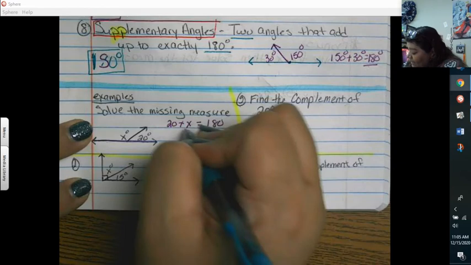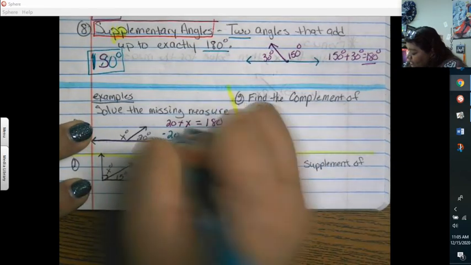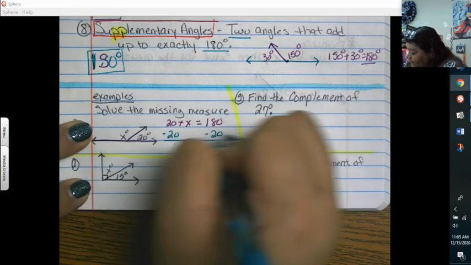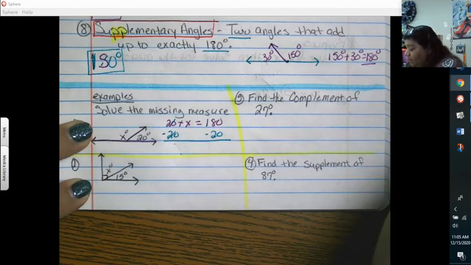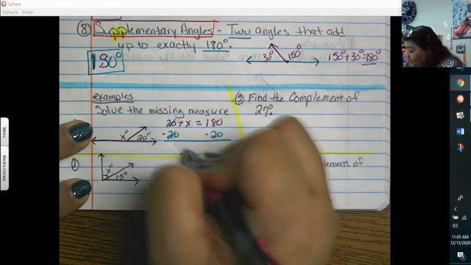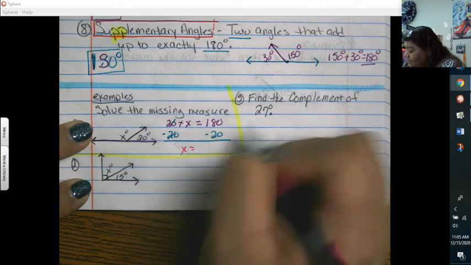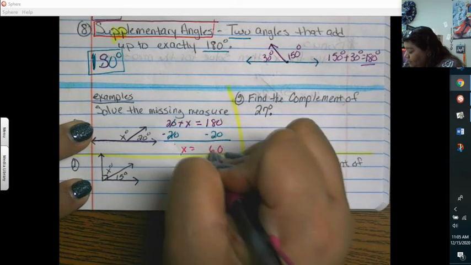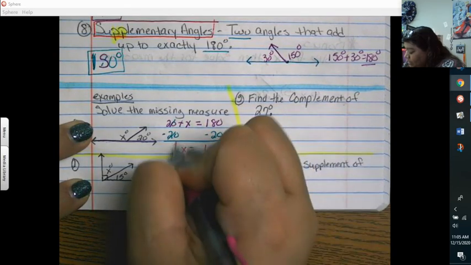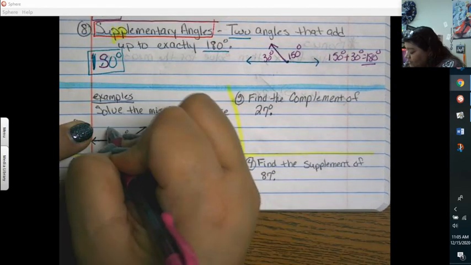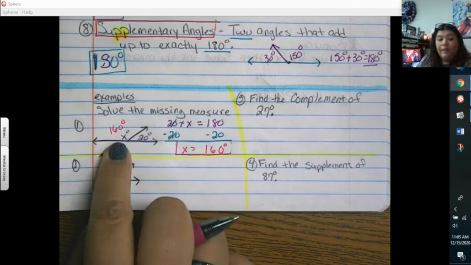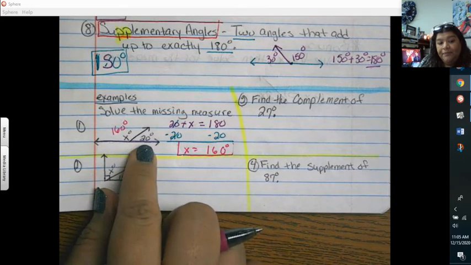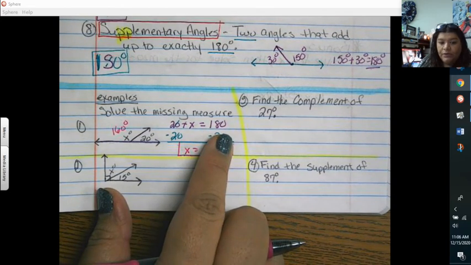So instead of adding, we're going to subtract 20 from both sides. And that's how you get rid of those. So this is the why we get to do what we do. And then 180 minus 20 is 160 degrees. So that means X is 160 degrees. And I can check my work. If I do 160 plus 20, I get 180, which is what I need.